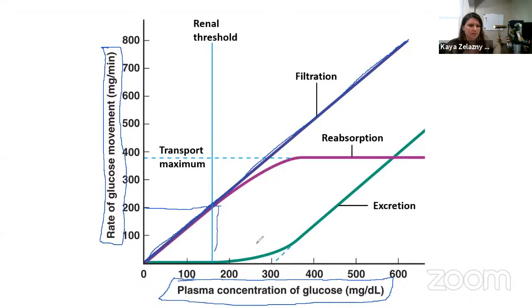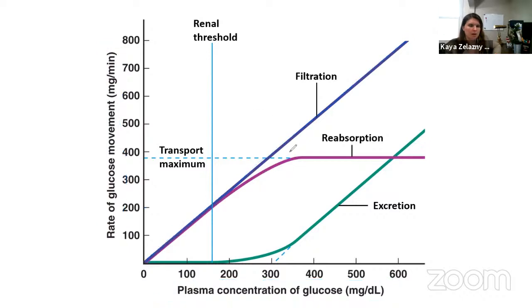It's a straight line. If there's more glucose here in the plasma, there's going to be more filtration of glucose, more movement of glucose into the nephron. Okay. If we look at the reabsorption of glucose, this relationship will be the same, right?